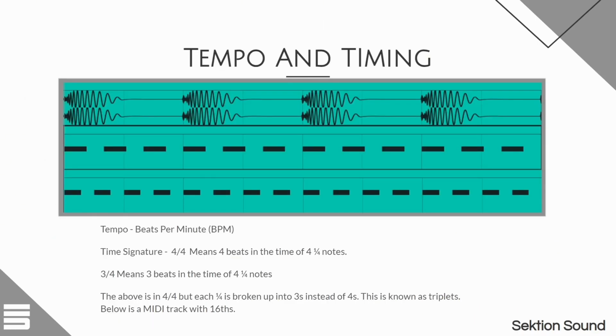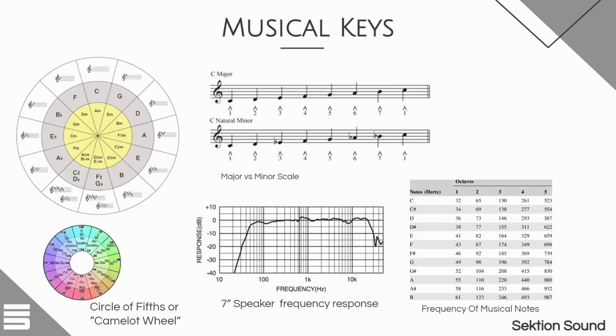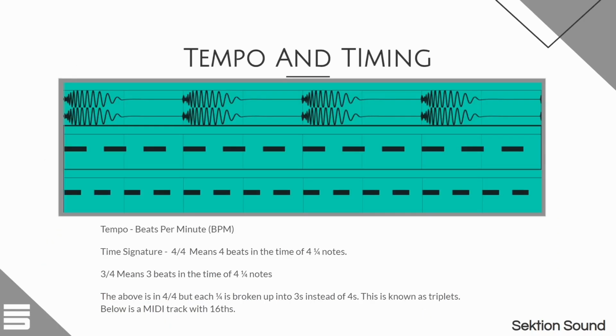Tempo and timing. So we've looked at the notes. We know that we want our samples to be in the correct key, and we've looked at choosing a key that's going to work well with the speakers that we're producing on. Now tempo. Tempo is usually referred to in BPM, which is how many beats per minute occur.